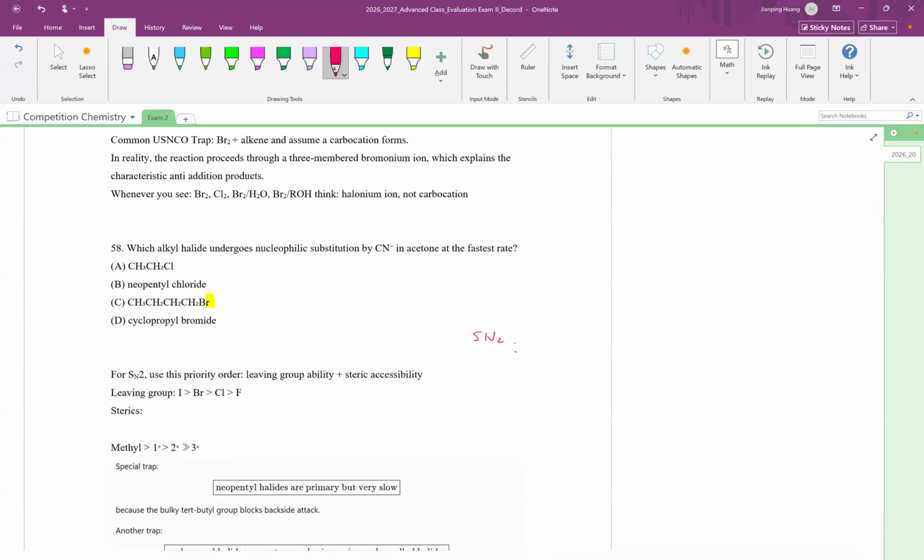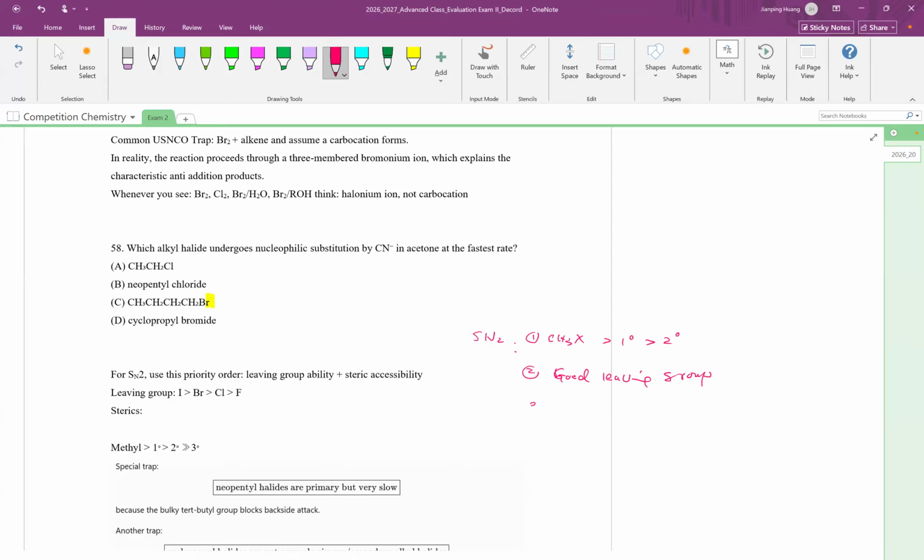The first one, you want a methyl or primary or a secondary organohalide. That's the first one, which we call the substrate. The second one, you want a good leaving group, like tosylate.